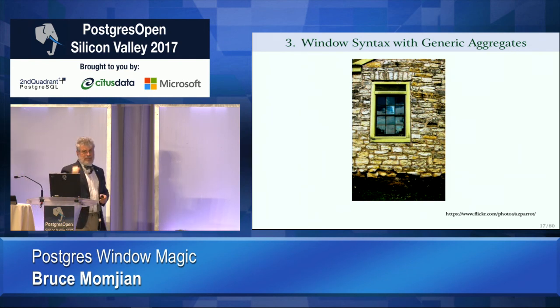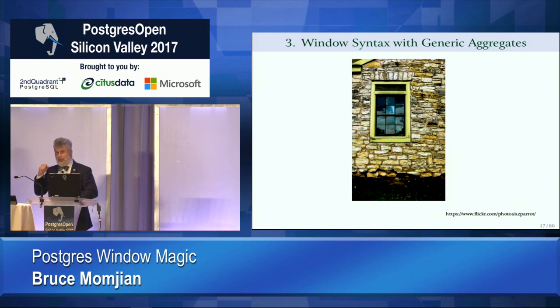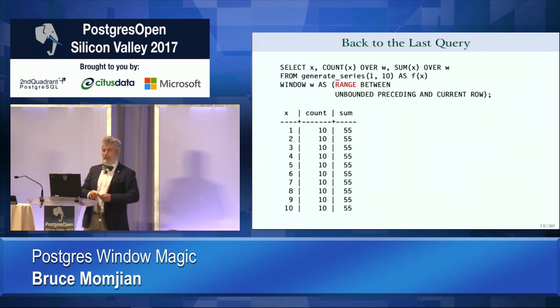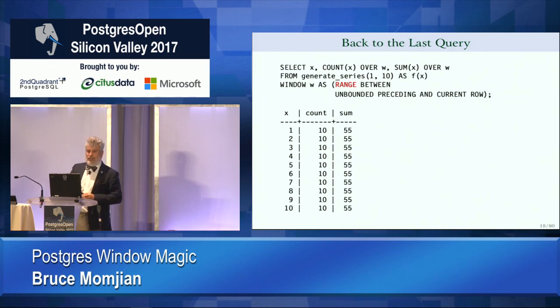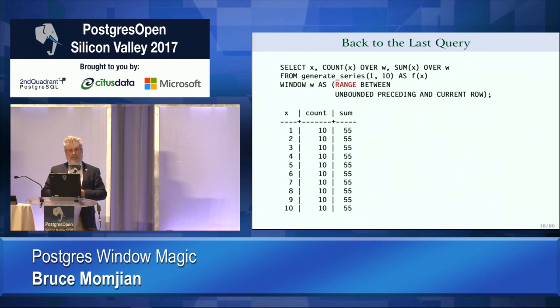Okay. Let's actually talk about specific window functions and using generic aggregates, and this will start to actually make some sense. Okay? So here's our data set that we saw a minute ago. Effectively, it's using generate series, numbers 1 to 10, and it's using range mode, and it's saying unbounded preceding to current row, but because there's no order by, you get this 55.